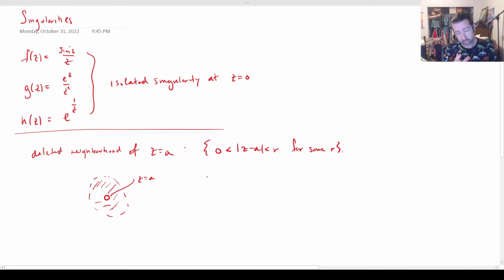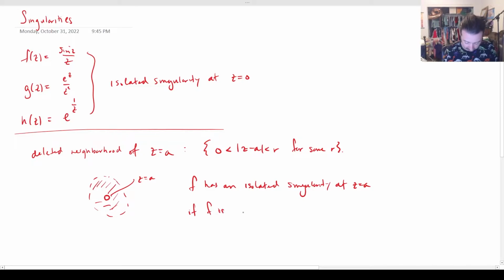And one way of characterizing when a function has an isolated singularity is to say f has an isolated singularity at z is equal to a if f is analytic on some deleted neighborhood of z is equal to a.